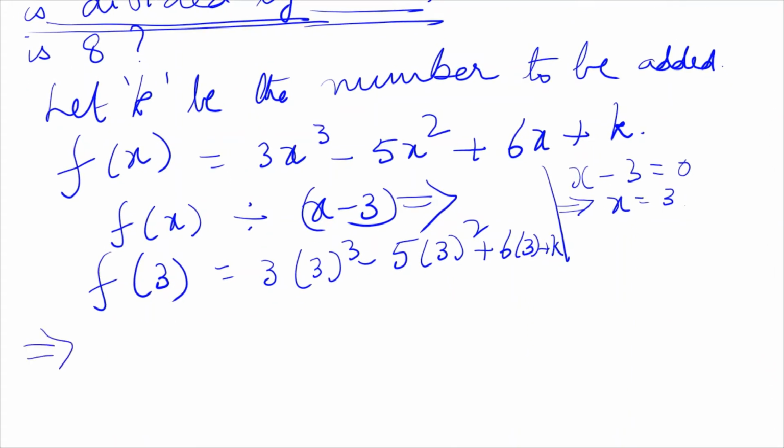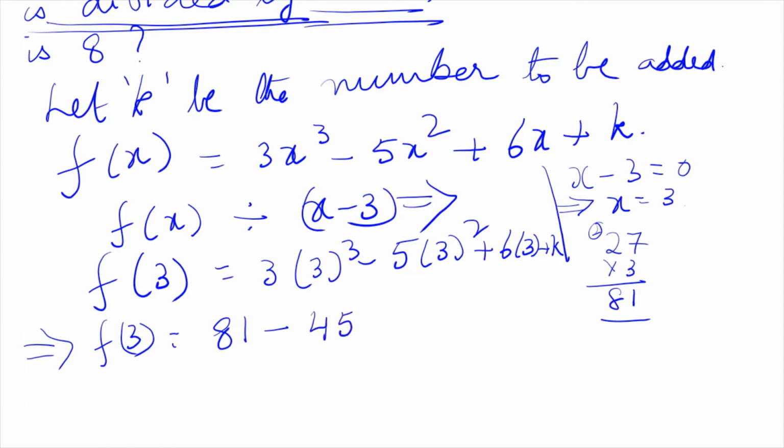So f of 3 is equal to 3 into 3 cube, which is 27. So 27 into 3: 3 sevens are 21, 2 carried over, 3 twos are 6 plus 2, 8, so 81. So f of 3 is equal to 81 minus 3 square, which is 9. 9 fives are 45, plus 6 threes are 18, plus k.